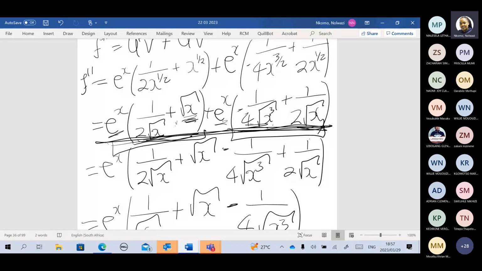But since we have a bracket like this, it means e to the power x goes with everything in this bracket, and it multiplies everything here.